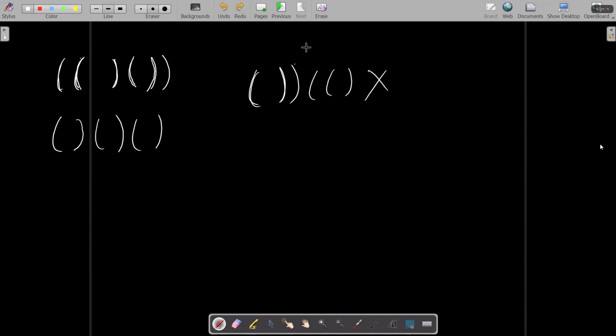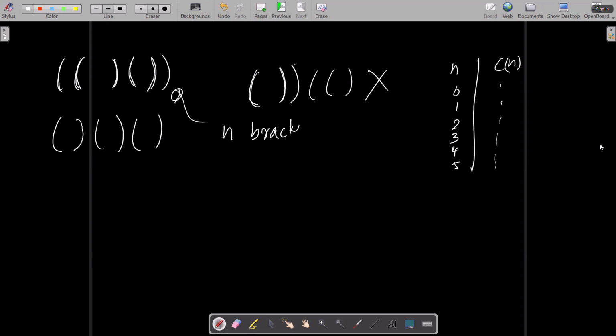So this can be realized using Catalan numbers. Catalan numbers, let's say, Cn given n. You can have 0, 1, 2, 3, 4, and there are some numbers for Catalan numbers. Now say you have n brackets here, and you need to calculate the number of valid bracket sequences.